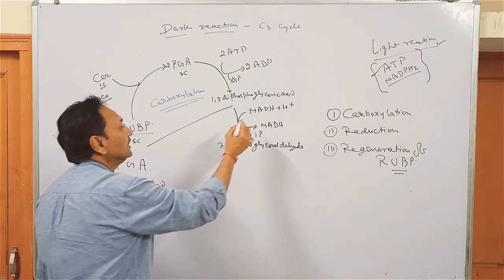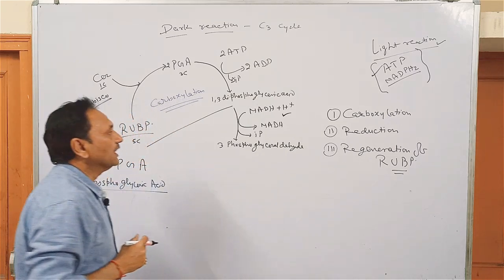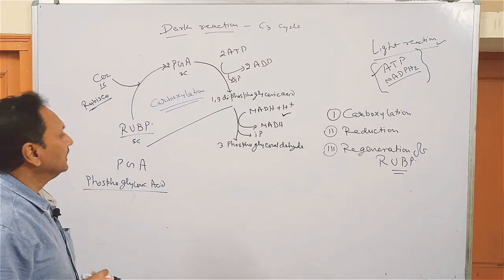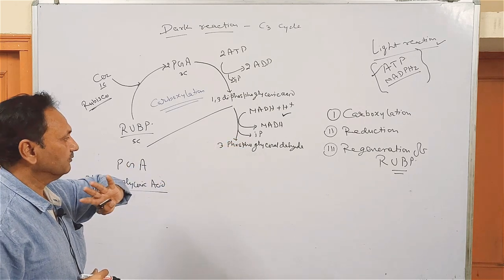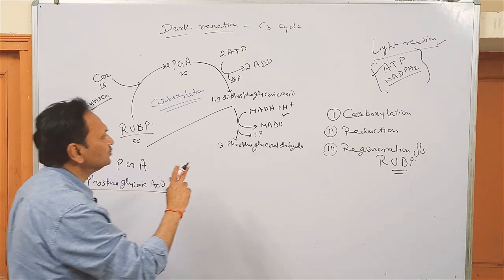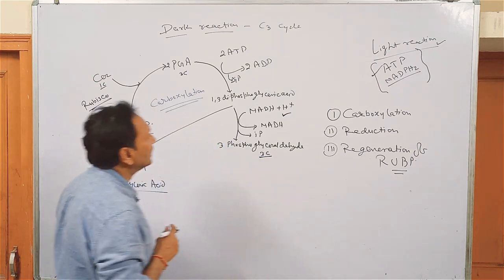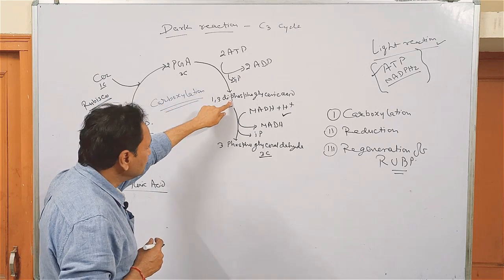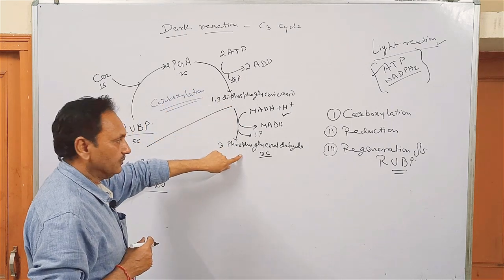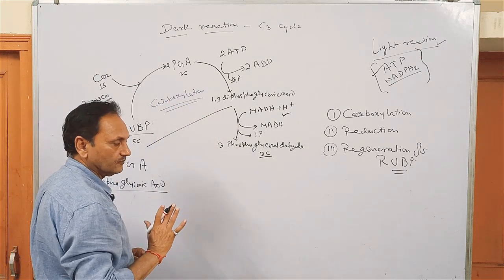This is called reduction because here protons are being attached, and one molecule of phosphate is evolved by this process, and it also has 3 carbons. So 2 molecules of 3 carbons are here.